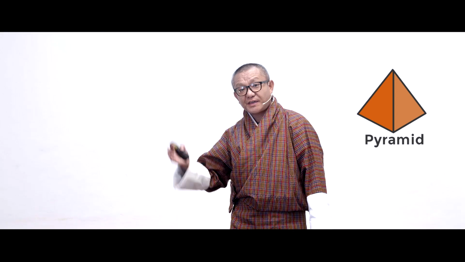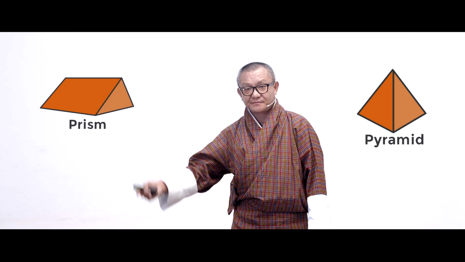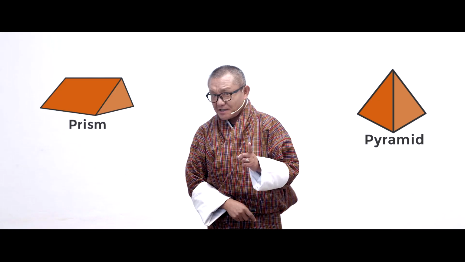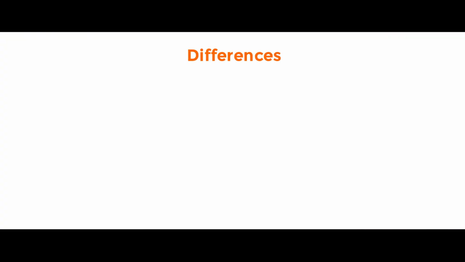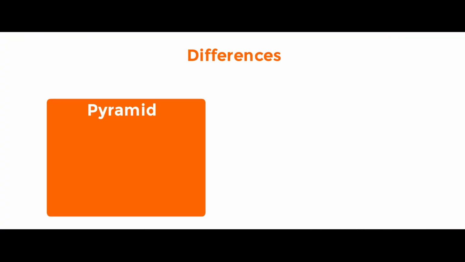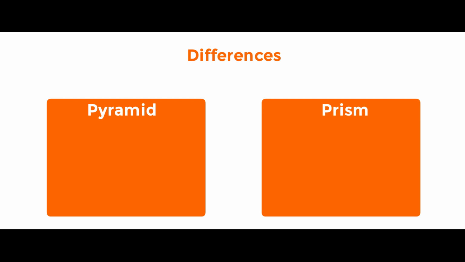Okay, we have gone through pyramid and then prism. Are they the same? No. Okay, let's look at the differences and the similarities of pyramid and prism. A pyramid has one polygonal base.